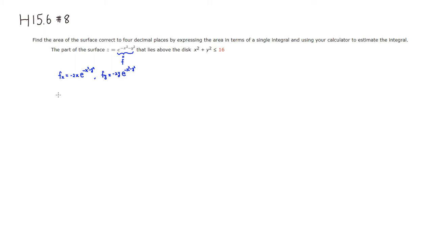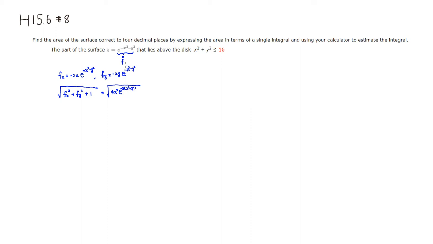So if you compute the square root of partial with respect to x squared, and partial with respect to y squared, plus 1. All right, so this is going to be the square root of, we have negative 2x squared, so it's going to be 4x squared, and then you have e to the negative 2 times the quantity x squared plus y squared.